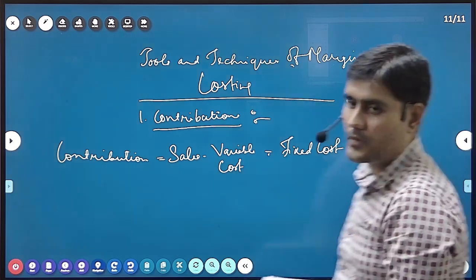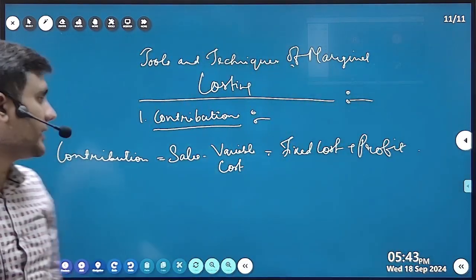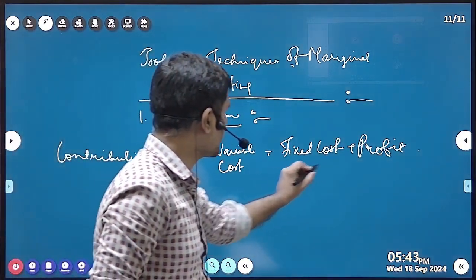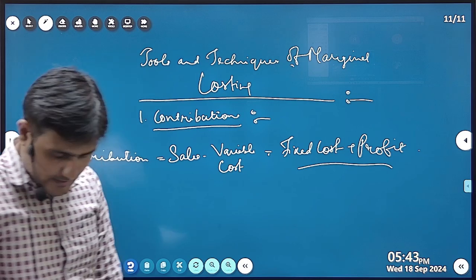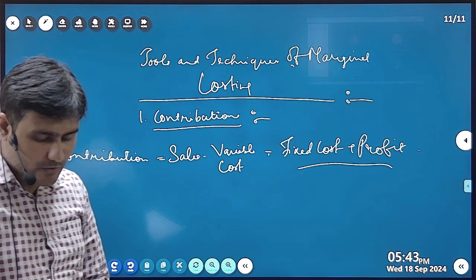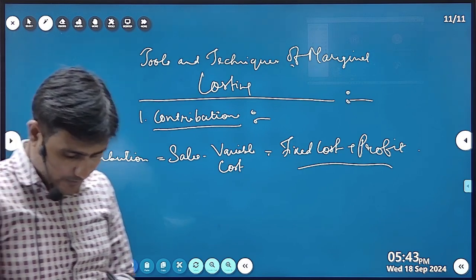Right? So it is not only recovery of variable cost, but it is fixed cost plus profit. It is defined as the amount recovered towards fixed cost and profit.